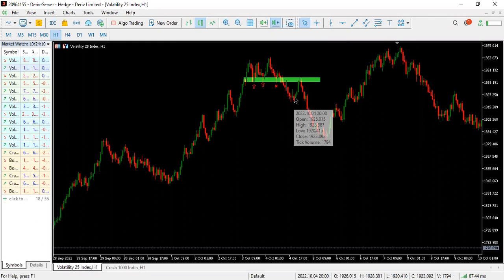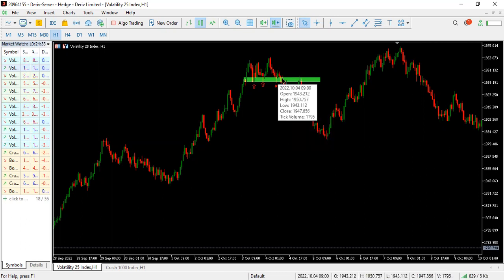As it was going down, the price decided to go back up to test this one to show that, you know what, guys, now we are going down. The reason why you will see something like this is because many people were waiting here to sell.